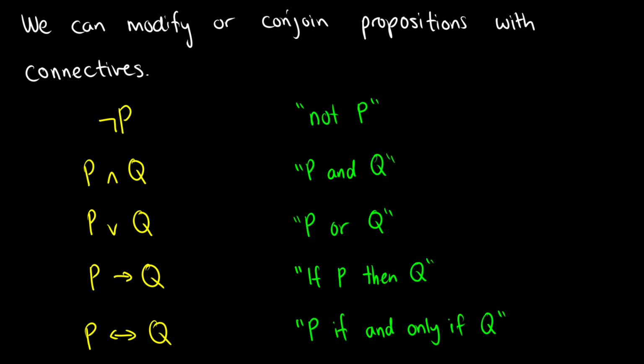And we do these things called connectives. So not, and, or, if then, if and only if. These are our conjunctions in the English language, or negations. We're going to go through each of these piece by piece and show some examples of English sentences where they're used. We're going to start with the negation, then we're going to do and, or, if then, and then if and only if.